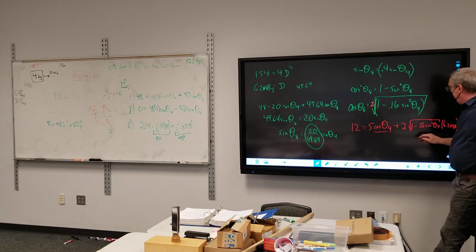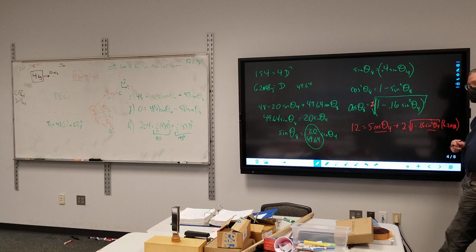But if I've got a cosine and a sine of the same angle in an equation, how do I go about solving that? And a radical to boot.